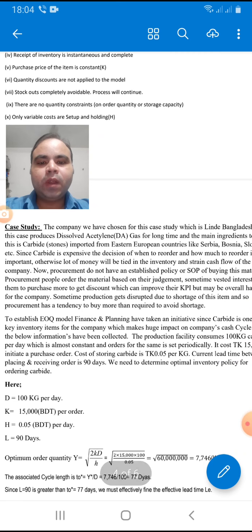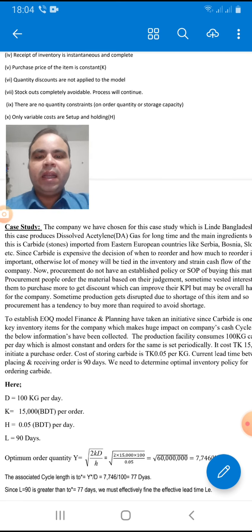So at the moment, the procurement of this company does not have any established policy of how much to order and when to order. So they order whenever they like and whatever quantity they want to.